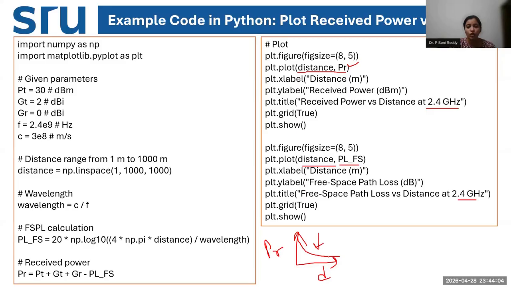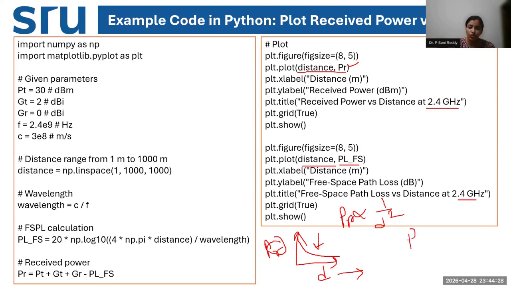So from this, what can you conclude? As the distance between the transmitter and the receiver increases, the receive power reduces. By what factor? Receive power is inversely proportional to the square of the distance between the transmitter and receiver. Square means even a minor change in the distance will cause a severe impact on the receive power.